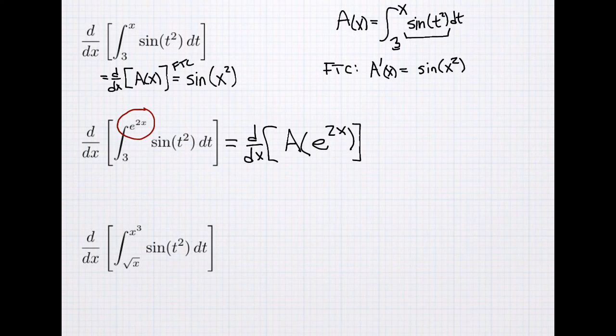So instead of just using the fundamental theorem of calculus, this time I have to use the chain rule. I have a composition. The chain rule says the derivative of a composition is the outside function leaving the inside alone times the derivative of that inside formula.